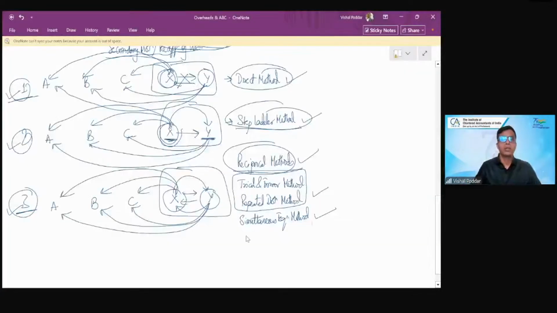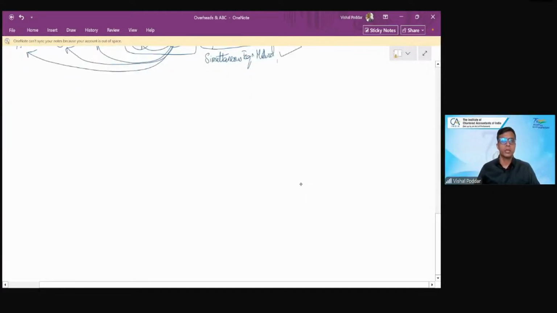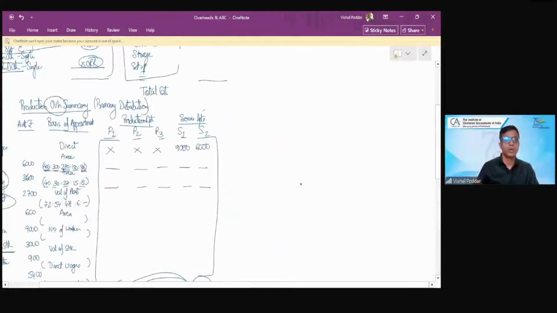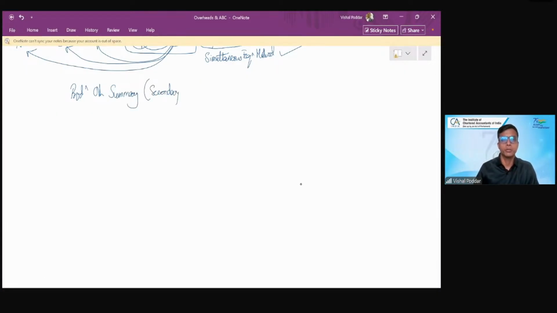Now let me solve this sum by the simultaneous equation method. Again, my format is same because what we are doing is still the same thing. It is production overhead summary. The only thing is that now this will change to secondary. Production overheads summary. Now I will call it as secondary distribution.